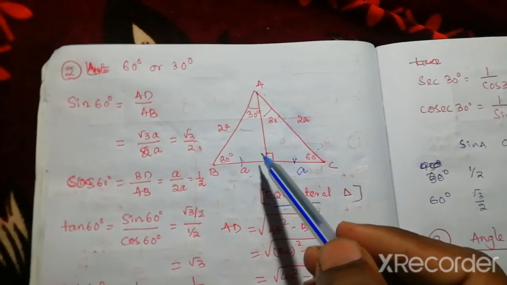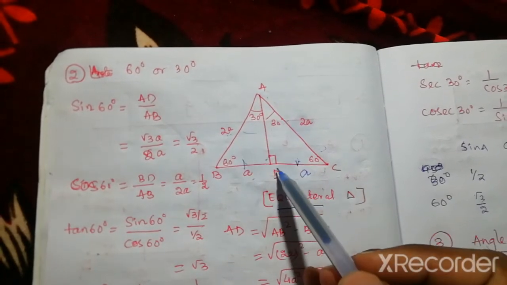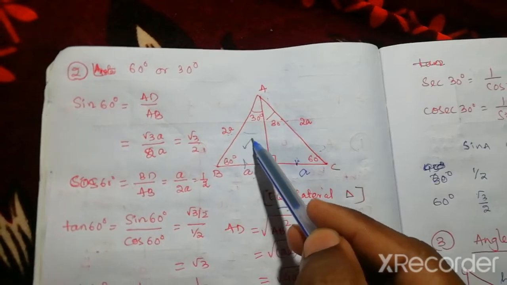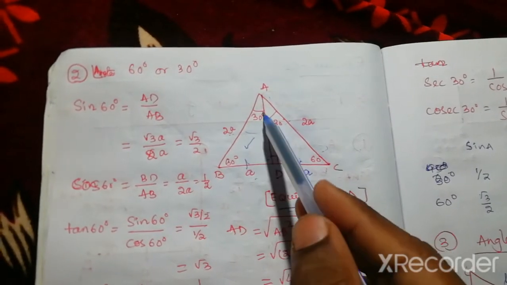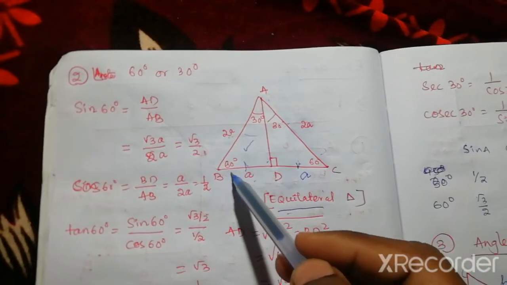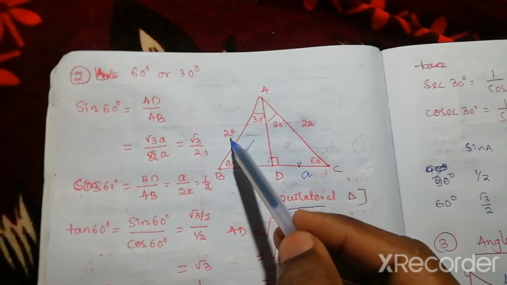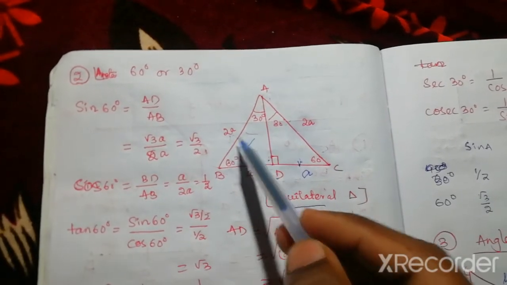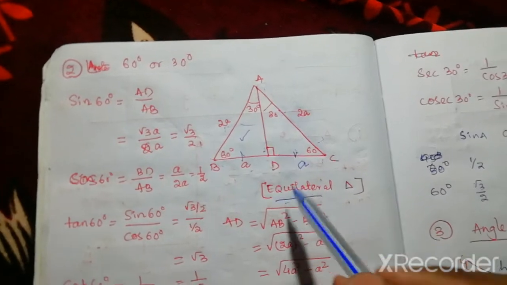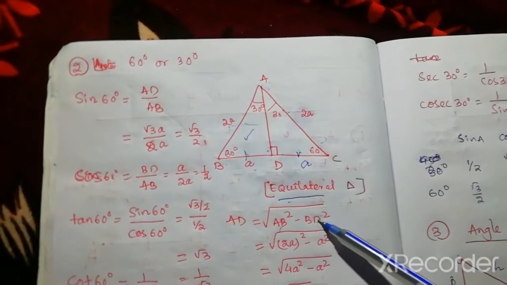Okay. Now this is a, this is 2a, then AD is equal to AD. If we look at this half triangle, this is a right angle triangle, and this one is the hypotenuse. So what is the value of AD? AD is equal to root over AB square minus BD square.